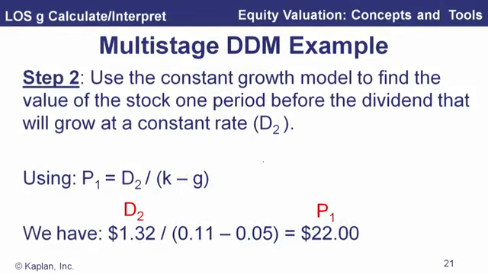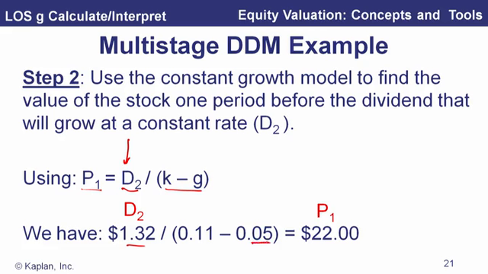So here's step 2. Use the constant growth model to find the value of the stock 1 period before the dividend that will grow at a constant rate. Because when we discount these dividends, we're going back 1 period. So we're going to use price at time 1 equals D2 over K minus G. Now remember, this is our $1.32 dividend, the one that will grow at a constant rate of 5% forever.